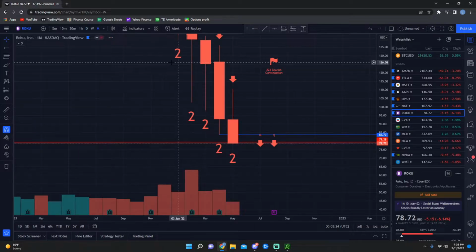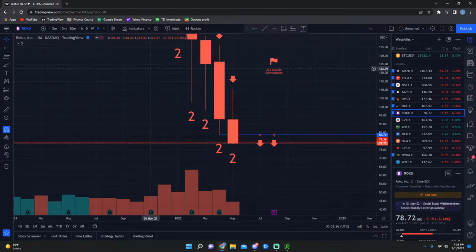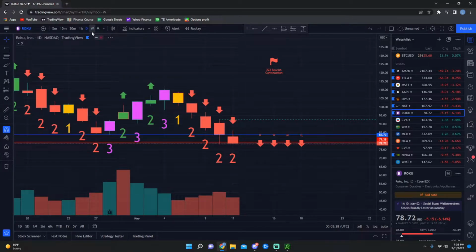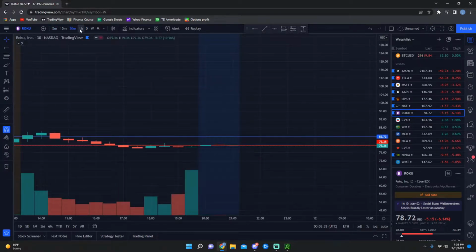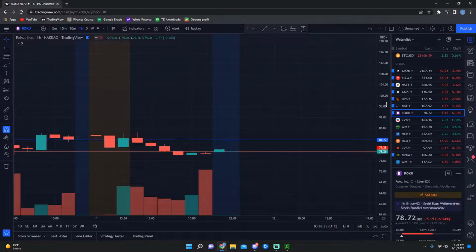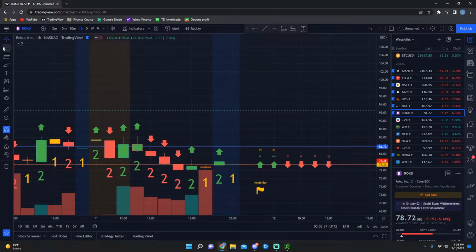If it's red on every time frame above, then if I wanted to play the hour, I would probably only be playing the downside part. So if I was playing the hourly, let's just say I entered here. I would enter here and then see how it went down.